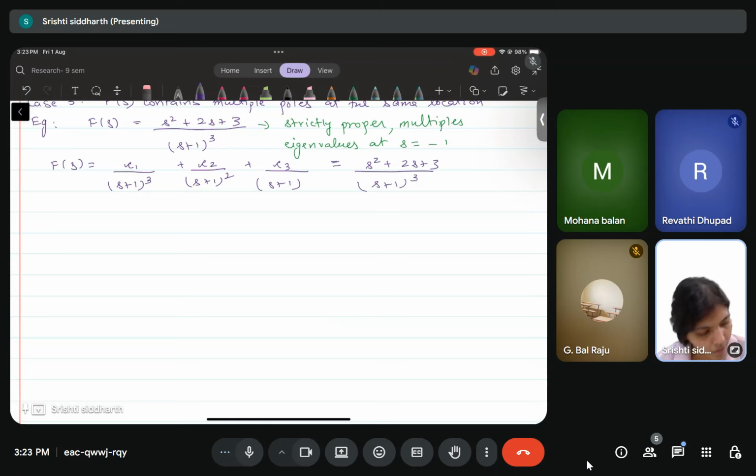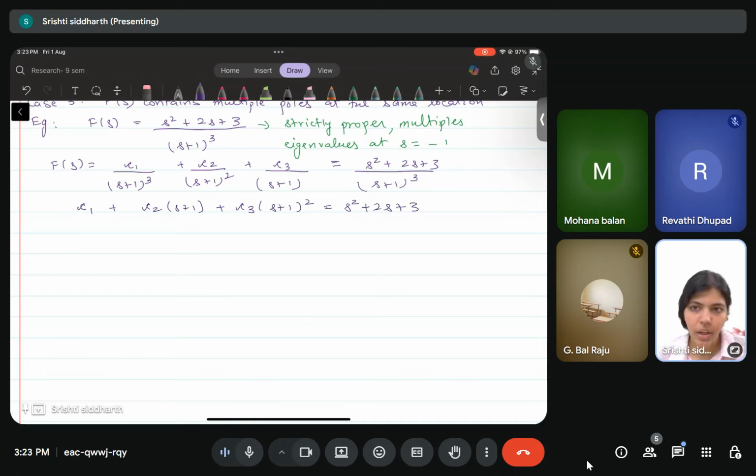If you cross multiply by (s plus 1) cubed, we get c1 plus c2 (s plus 1) plus c3 (s plus 1) squared, which is equal to s squared plus 2s plus 3.